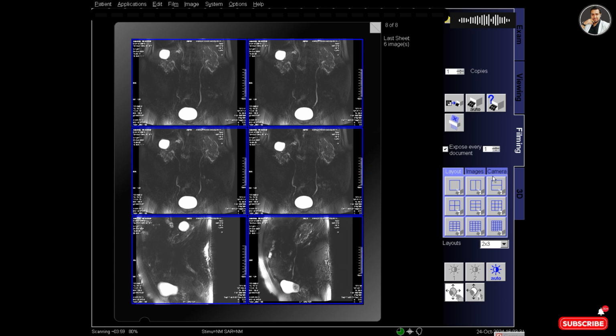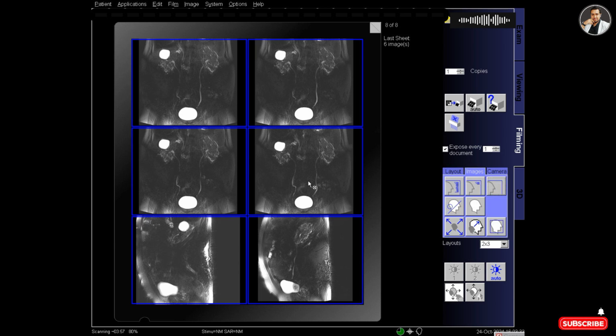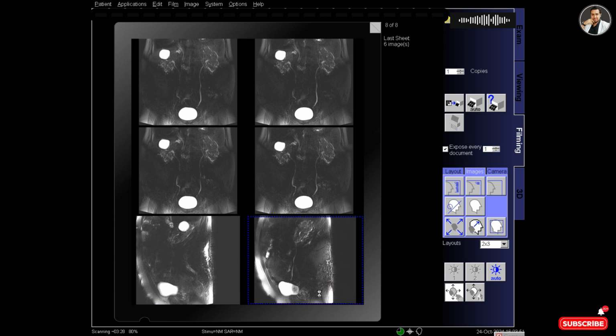Our main focus is the ureter and kidney. We can't separate the intestine and ureter if the intestine is filled with water. So don't let the patient drink water before the MR urogram.